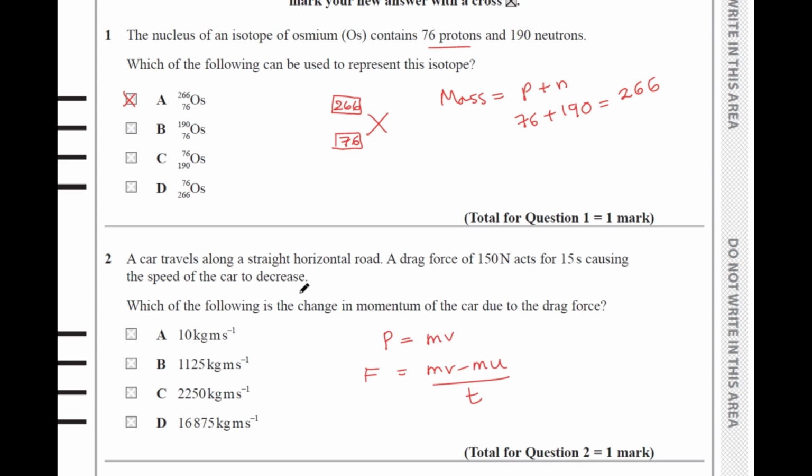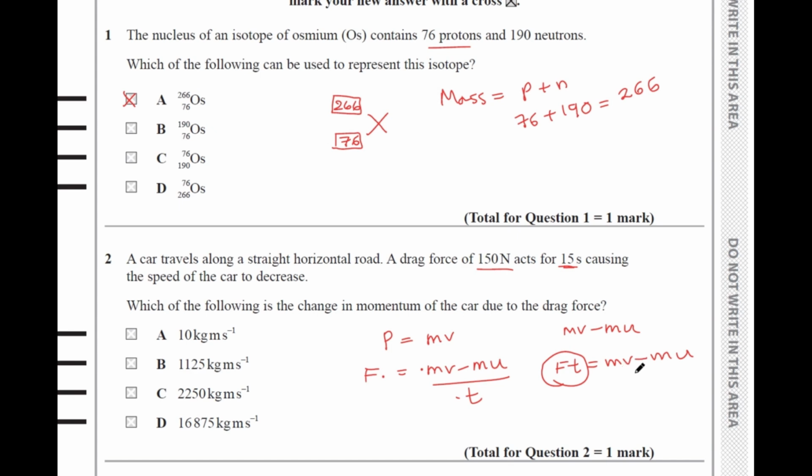Since we have not been given the value of mass and initial velocity, final velocity, we cannot use mv minus mu. So we can use force into time. See, we can just take time to this side, and that becomes equal to Ft equals mv minus mu. The product of force and time gives the change in momentum.